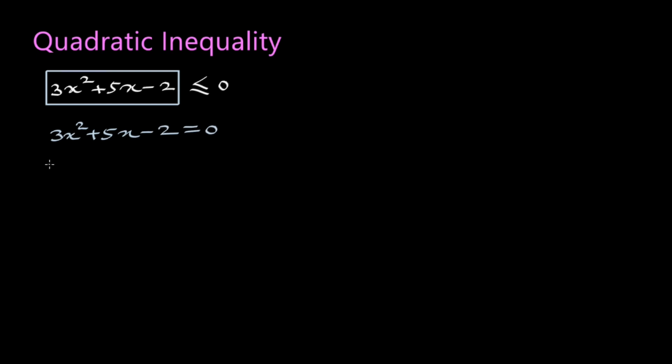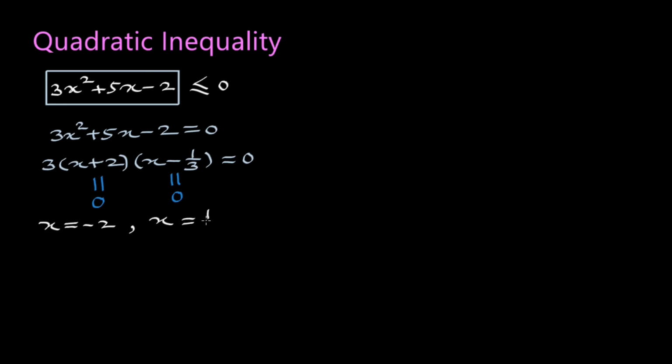This can be factorized as 3 into x plus 2 into x minus 1 upon 3 equals 0, equating x plus 2 to 0 and x minus 1 upon 3 to 0. We get two critical points, x equals minus 2 and x equals 1 upon 3.